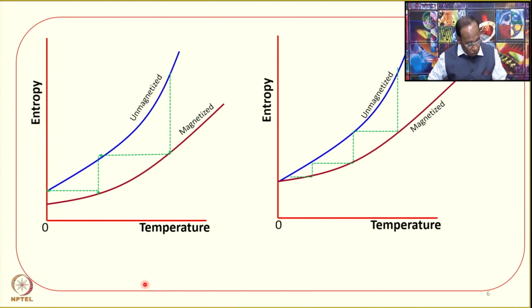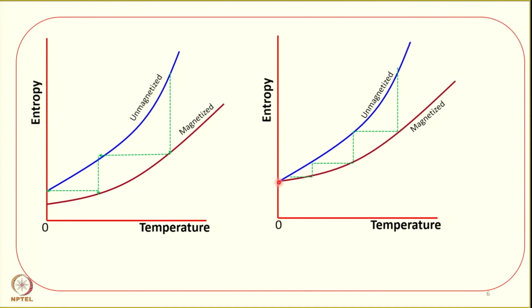That means the entropy temperature curves have to merge at absolute zero. Now this 0 is for the temperature scale, not for the entropy scale. For the entropy scale, I will put 0 over here. They are merging here, at some value which we are referring to as 0. And if you look at the number of steps, first step, second step, third step, you keep on doing. In order to achieve absolute zero, you need an infinite number of steps.